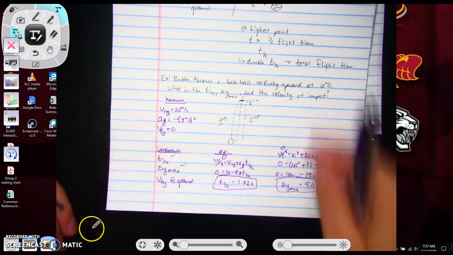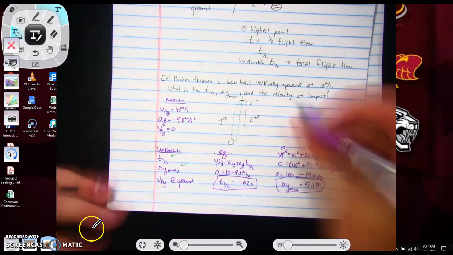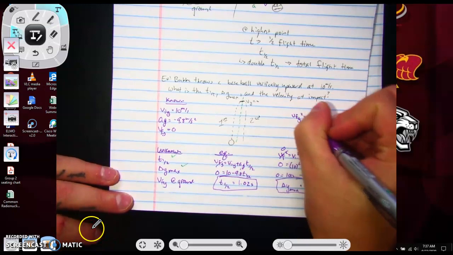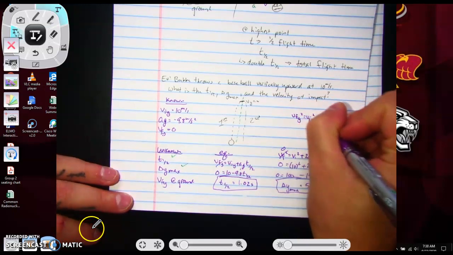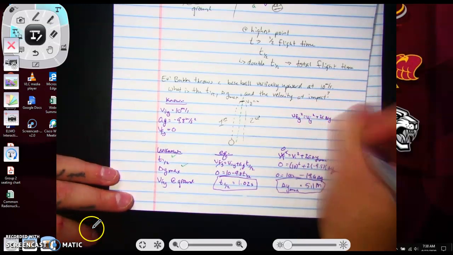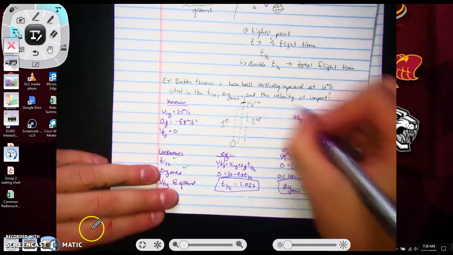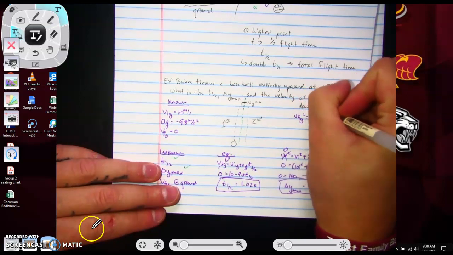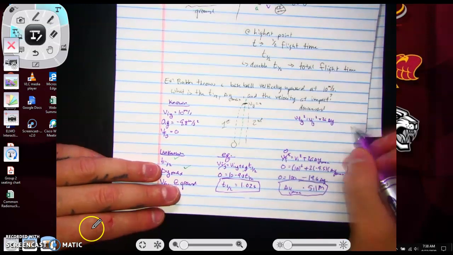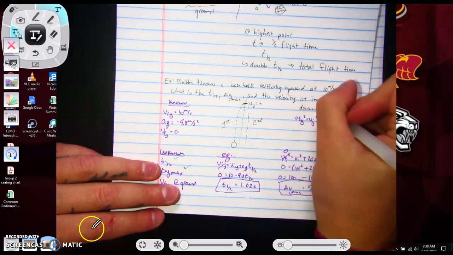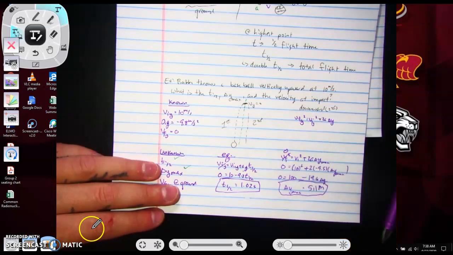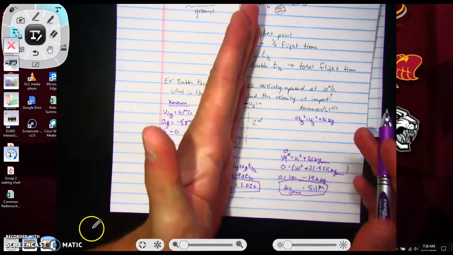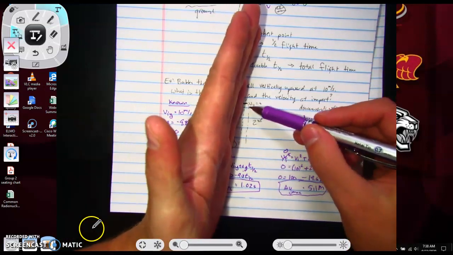Okay, it's going to be kind of up in this area. So, V final Y squared equals V initial Y squared plus 2A delta Y max. Now this is the downward part. So, starting up here, I'm working my way down.